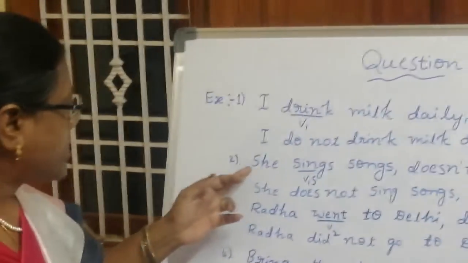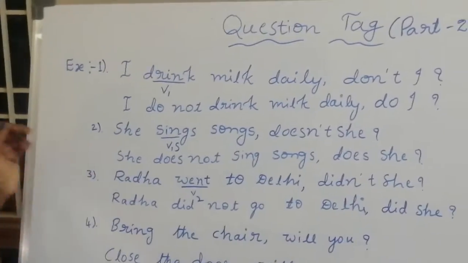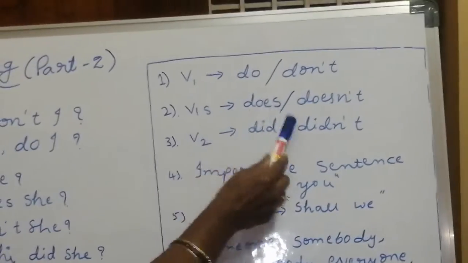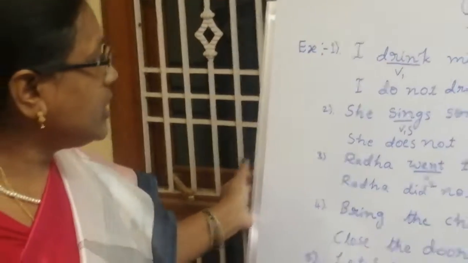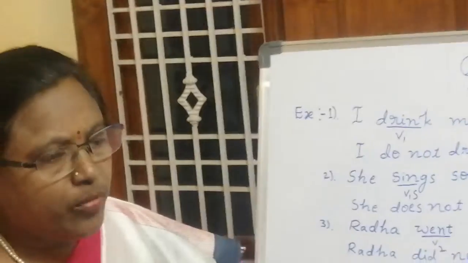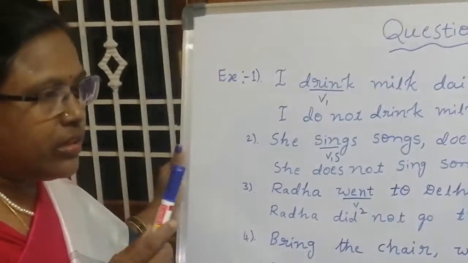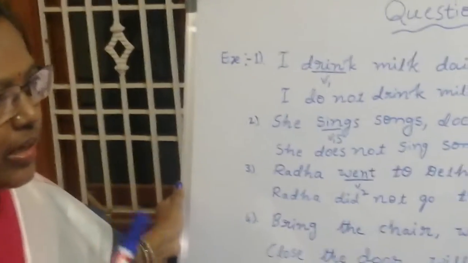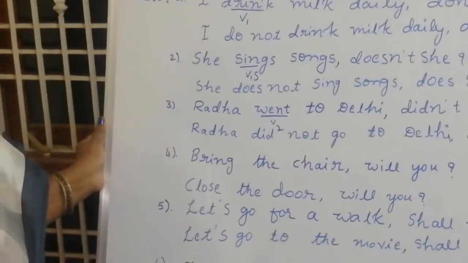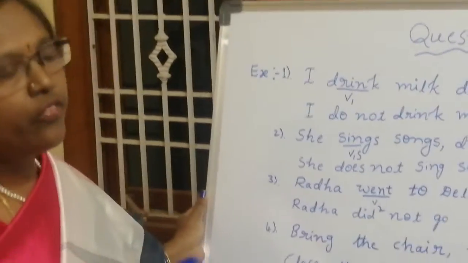Now next, it is also simple present. When v1s is there, we use does or doesn't. With third person singulars, he, she, it, we should add s to that v1.